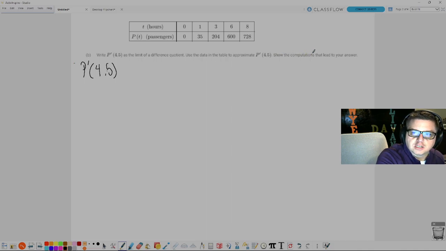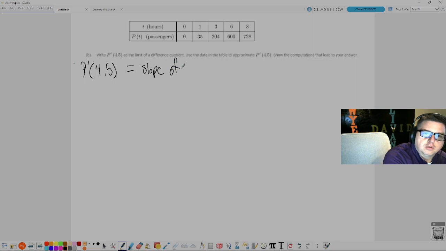Show the computations that lead to your answer. So if we're going to do this, remember, p prime is going to be the slope of the tangent at x equals 4.5.